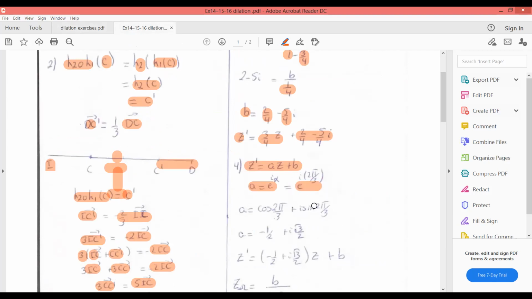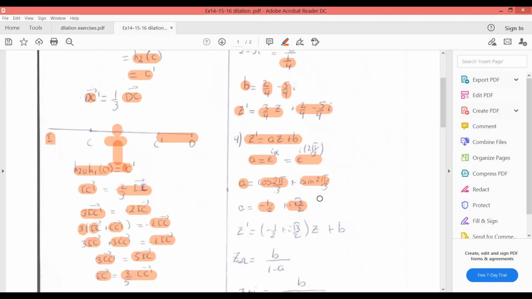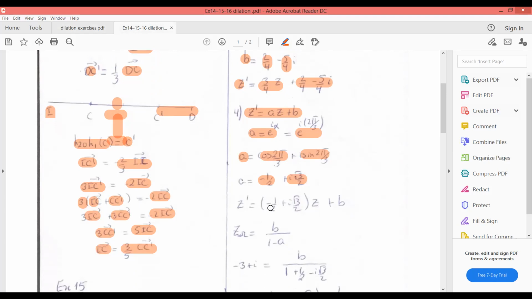To change it to algebraic form, I change it to trigonometric form. A equals cosine 2 pi over 3 plus i sine 2 pi over 3. Cosine 2 pi over 3 is minus half. Sine 2 pi over 3 is radical 3 over 2. So Z prime equals minus half plus i radical 3 over 2 times Z plus b.